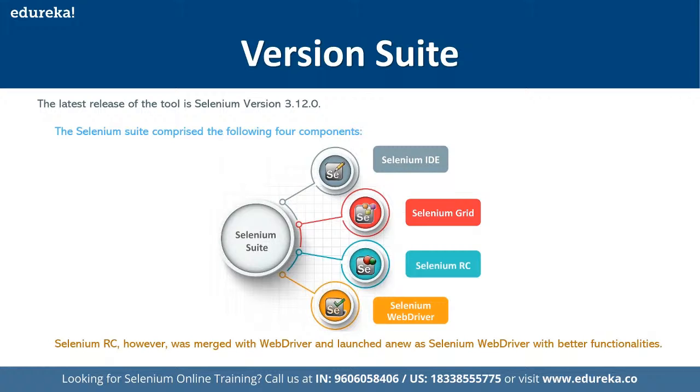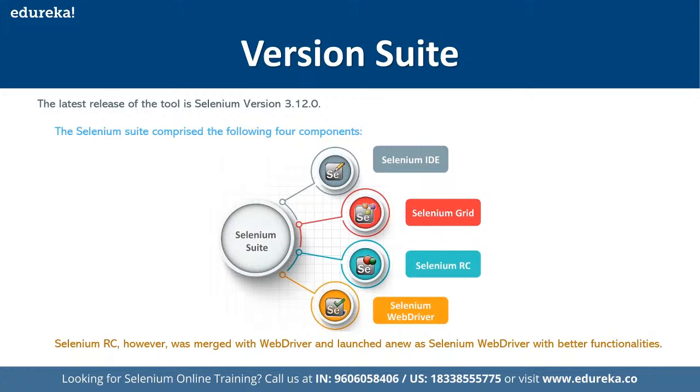Then comes the Grid. Grid is a tool which allows you to connect multiple machines. Now, you want to test your application. Isn't it important to check whether it is compatible with Mac and Safari, whether it works smoothly with Windows and Edge, whether it throws any difficulties with Windows and Opera?